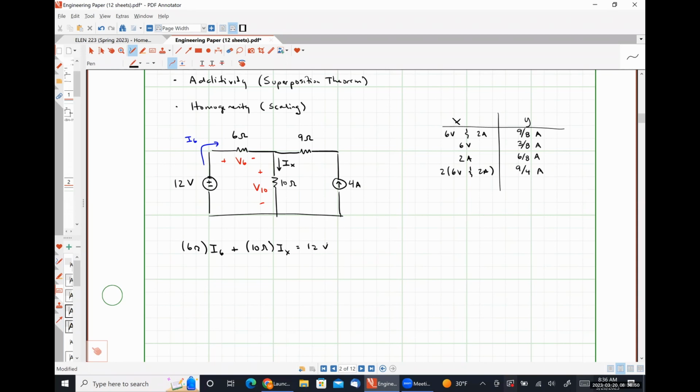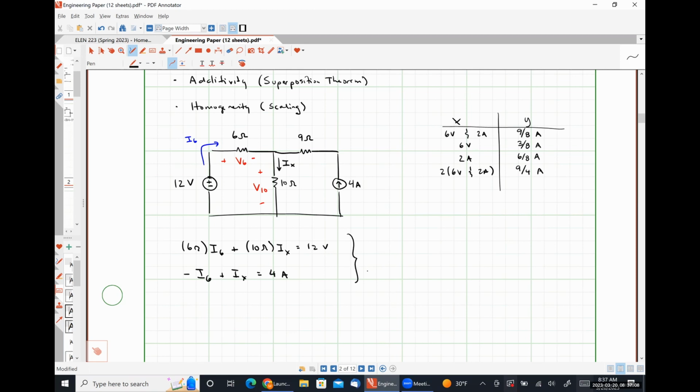Writing my Kirchhoff's current law equation, I'm going to have IX is equal to I6 plus 4. I'm going to move the I6 to the other side. So that's going to give me negative I6 plus IX is equal to 4 amps.